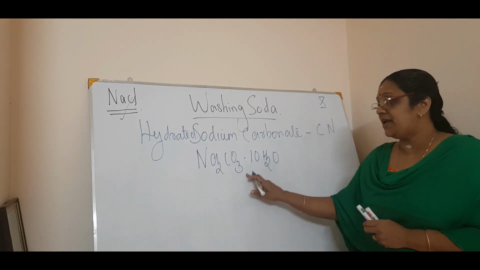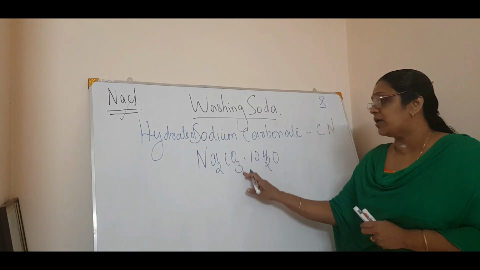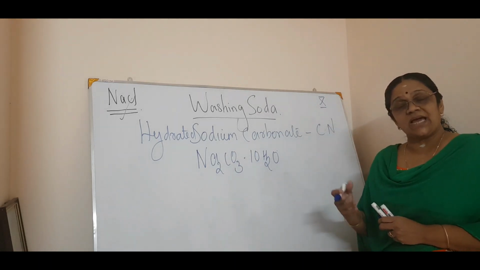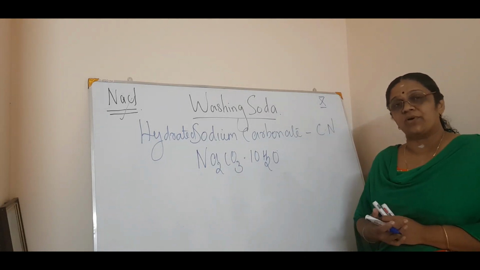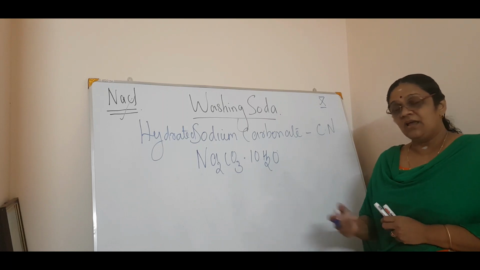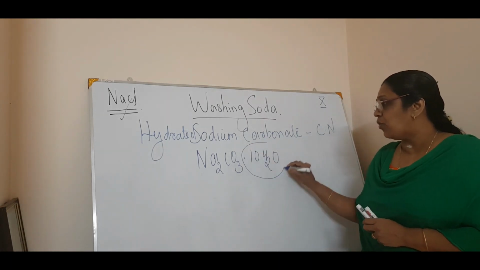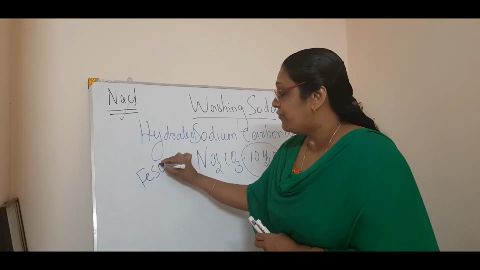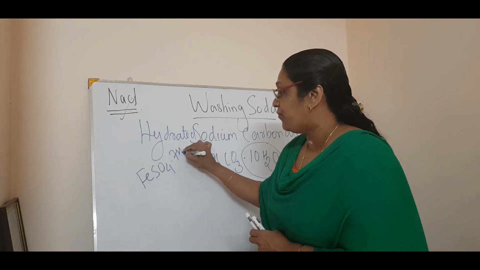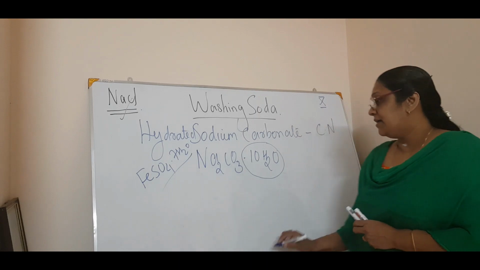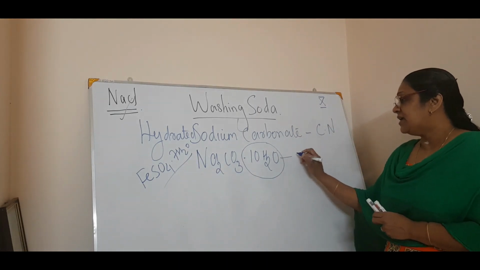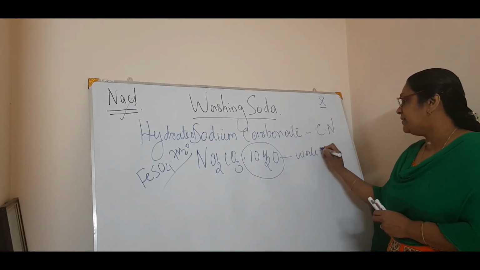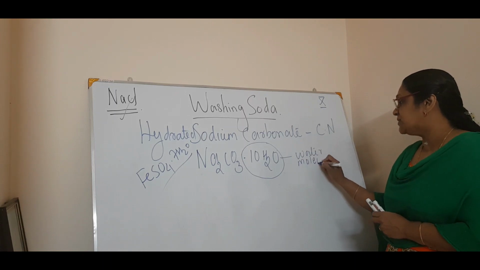Till now we have studied only Na2CO3 or NaHCO3 or calcium oxychloride or sodium chloride or calcium phosphate, etc. Now what is this 10H2O? You have studied in decomposition reaction FeSO4.7H2O. So this 10H2O means these are water molecules.